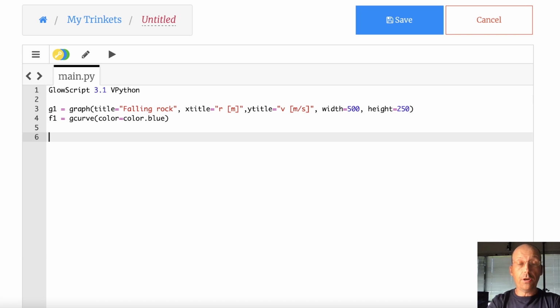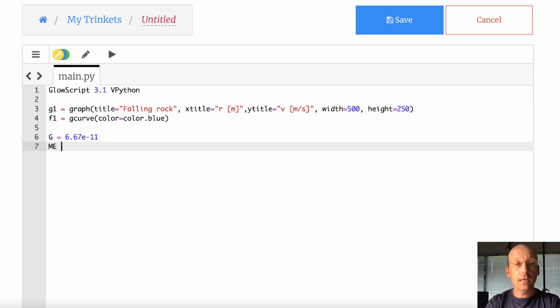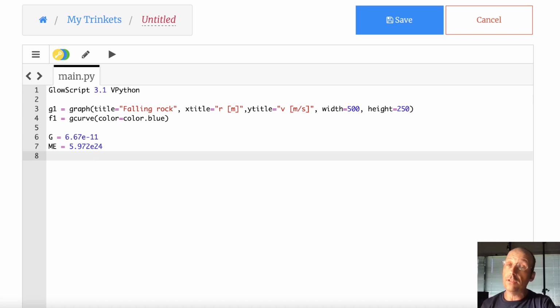So now let's put our constants in there. G equals 6.67 times 10 to the negative 11th. ME equals 5.972 times 10 to the 24th. I'm not putting units in there, right? Because if I put my units in that number, then when Python tries to operate with that number, it's like, I don't know what you're doing. And so you can't do that.